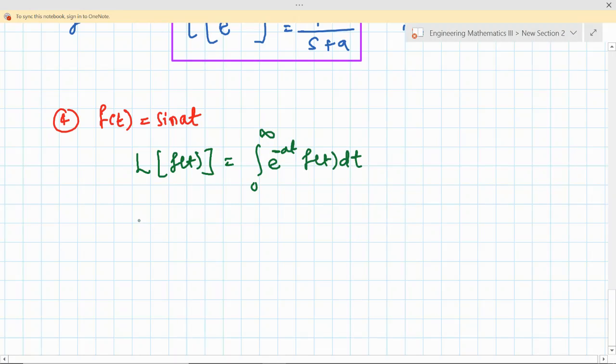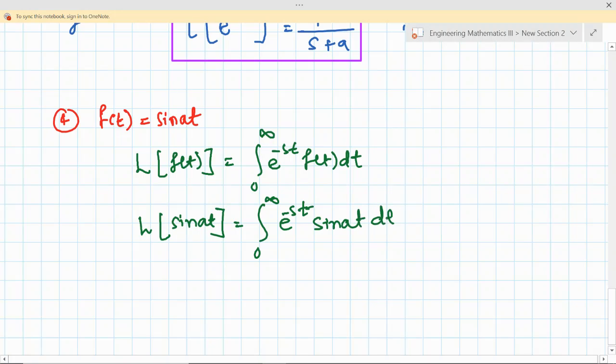Replace f of t by sine at. Laplace of sine at is equal to integration 0 to infinity e raised to minus st into sine of at dt.